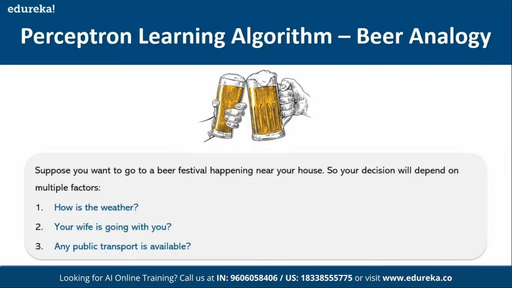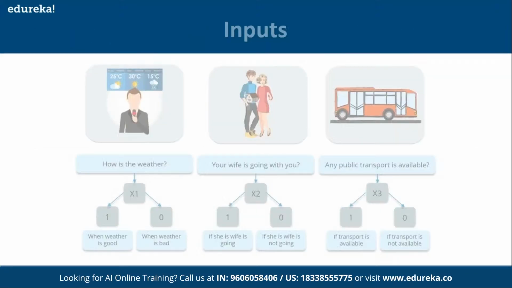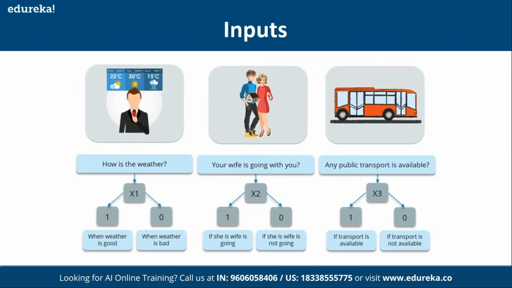Now, for every question you had two outputs. If the weather is good, the output of this question will be 1. If the weather is bad, the output is 0.